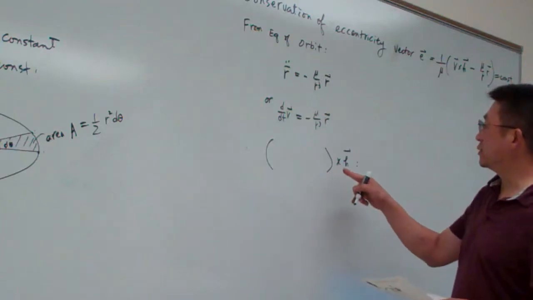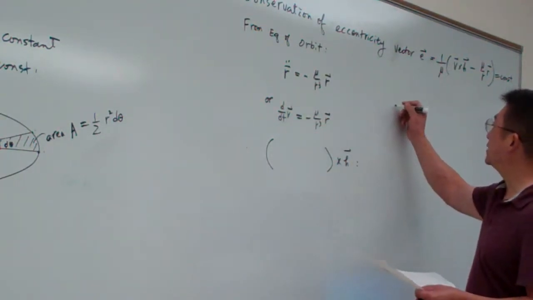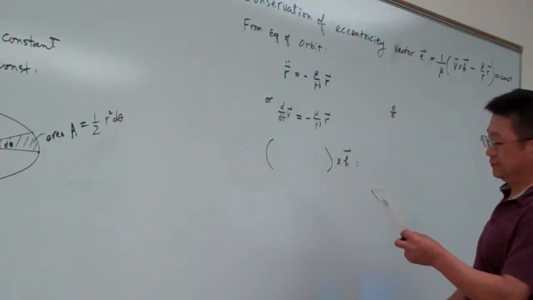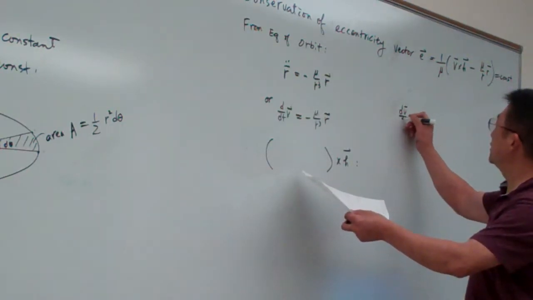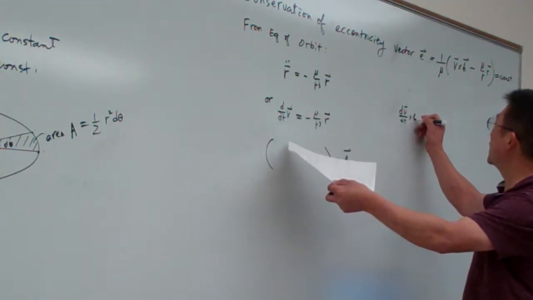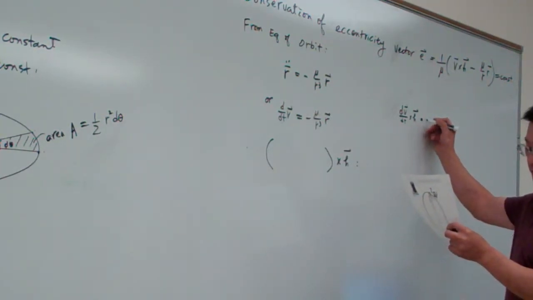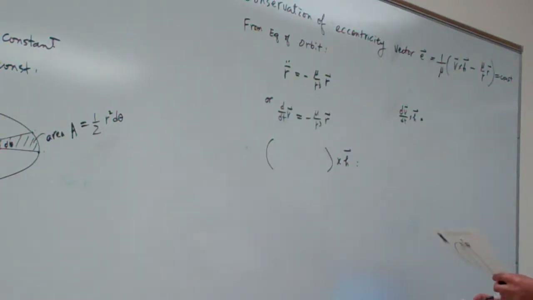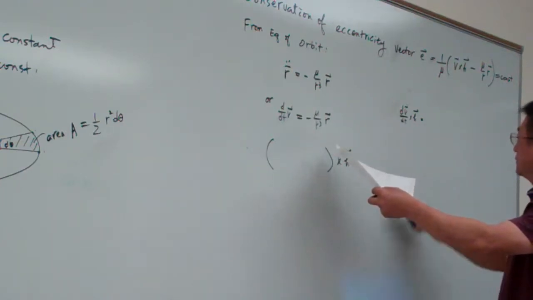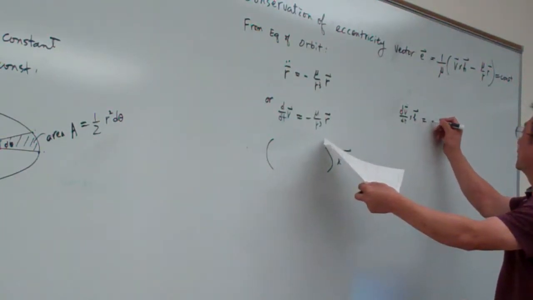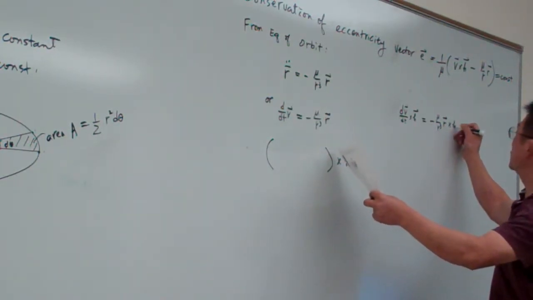So this whole equation cross product with H. On the left-hand side, dV/dt cross H equals, on the right-hand side, minus mu over R cubed, R vector cross H.